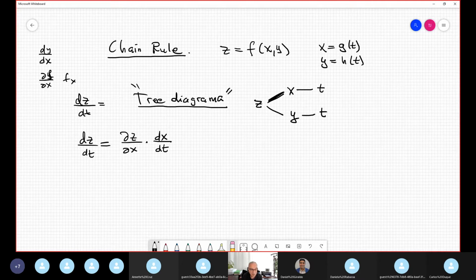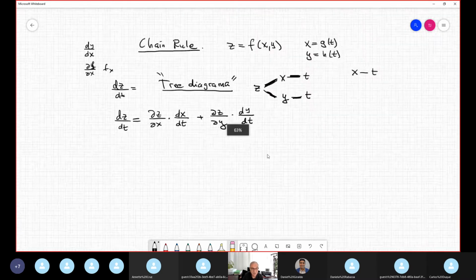Because in that part we have several variables, so it's a partial derivative. In this case, no: as in Calculus 1, x depends only on t, so this is an ordinary derivative. Then I finish this part: the partial derivative of z with respect to y times dy/dt. This is the formula for the chain rule in this problem. Let's see an example.